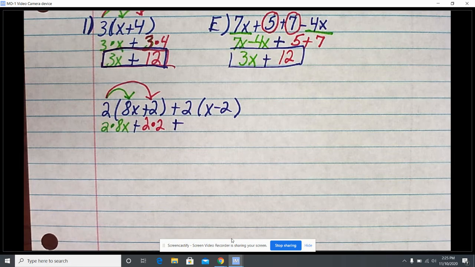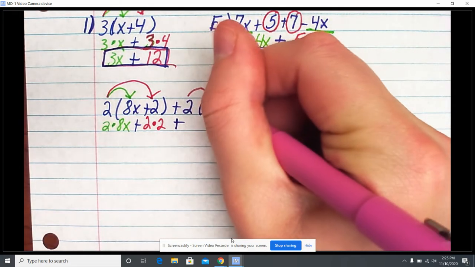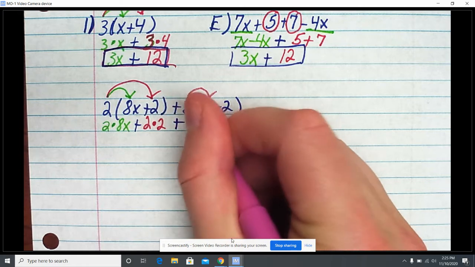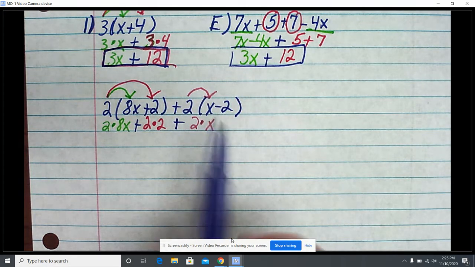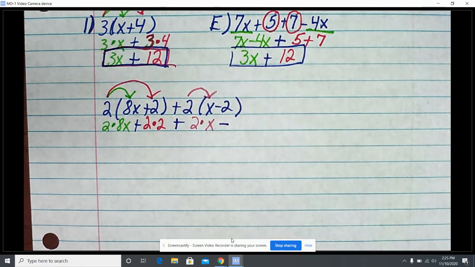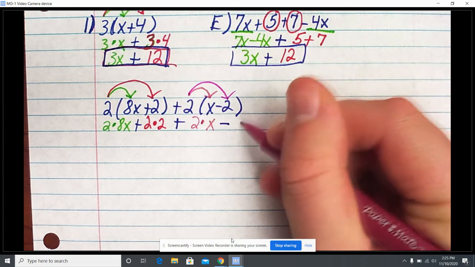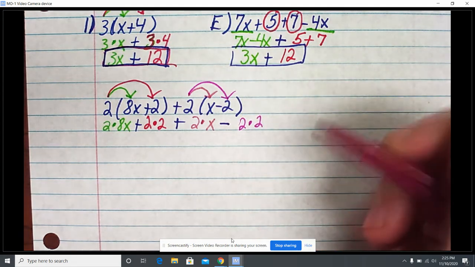These might be enough colors. Alright, I'm going to distribute out my 2 over there with my x, which is 2 times x. There's a minus sign, so I got to do minus. And then distribute out my 2 with my 2 right here, which means I'm taking 2 times 2.